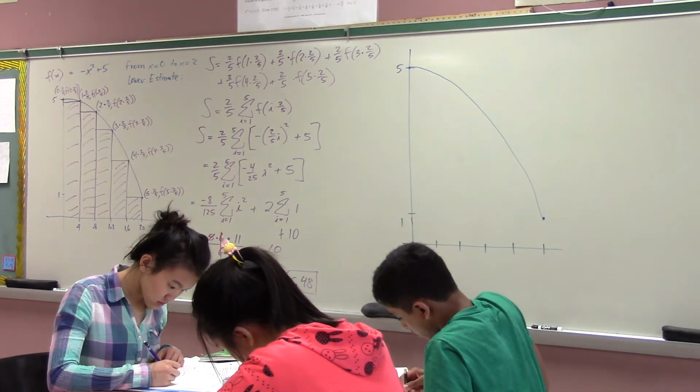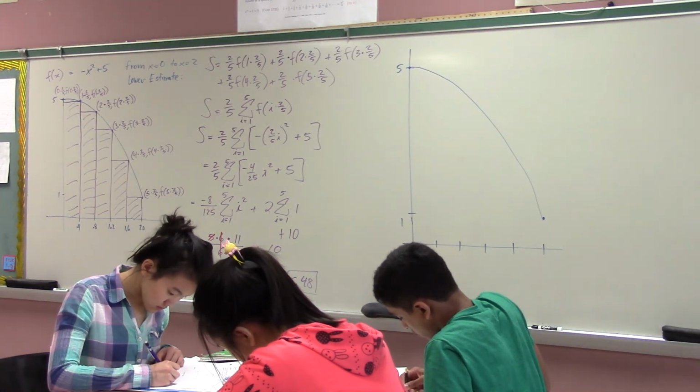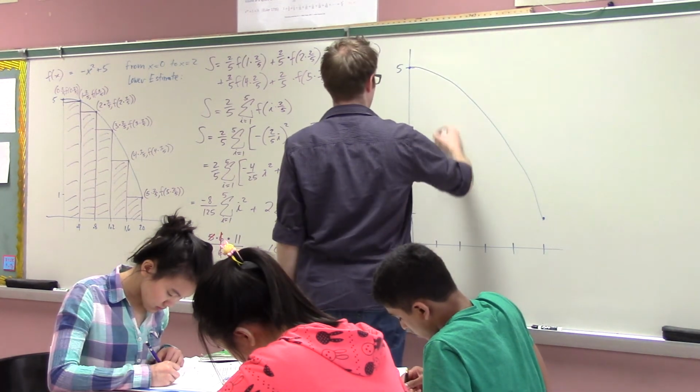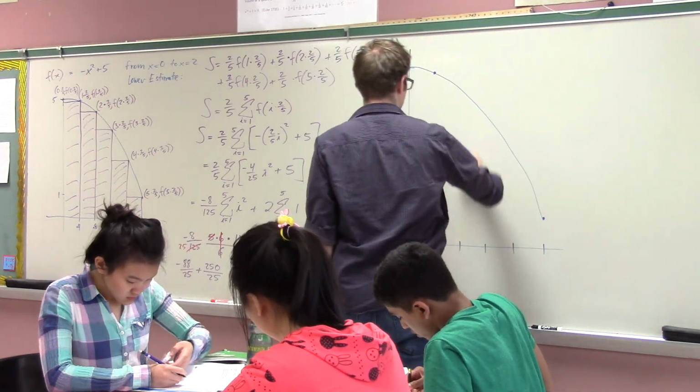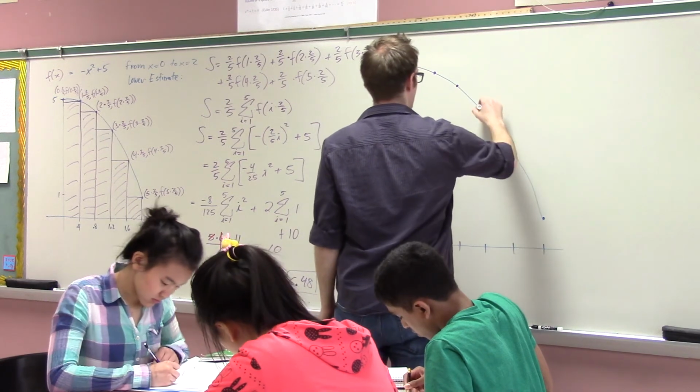Okay, so this time, if we want an overestimate, then we have to draw the rectangles differently, right? Just start at 0. Exactly.